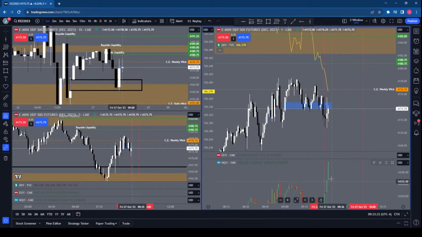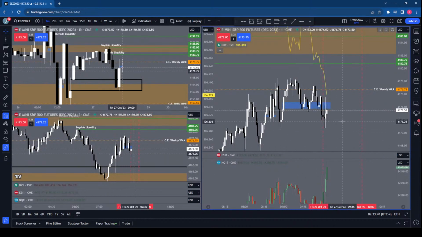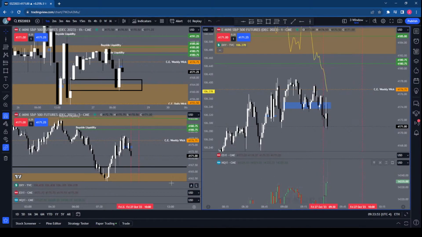This has been one of the worst, most decoupled opens we've had in a while. I'm double checking to make sure I'm looking at what I think I'm looking at.